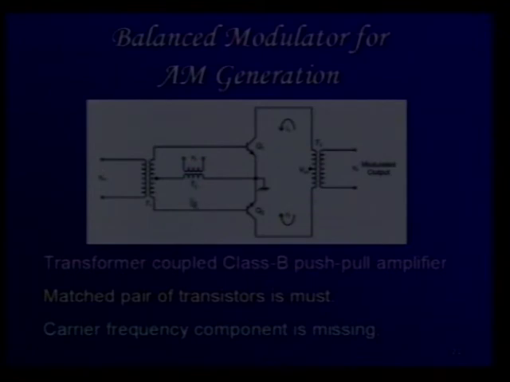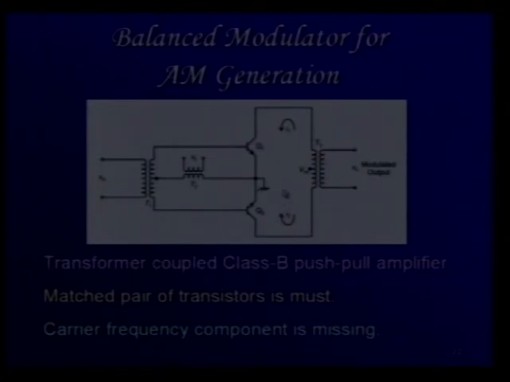However, we are feeding the carrier wave also, which goes to both the transistors in the same phase. So the carrier wave is flowing through both these transistors in equal amount. What is happening here is that we have two currents: I1 flowing through Q1 and I2 flowing through Q2.